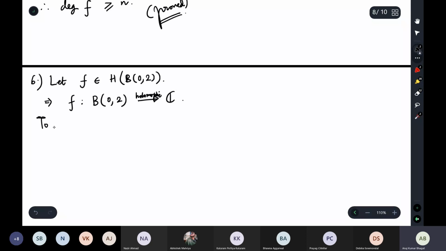To show that there exists some natural number n such that f(1/n) is not equal to 1/(n+1).